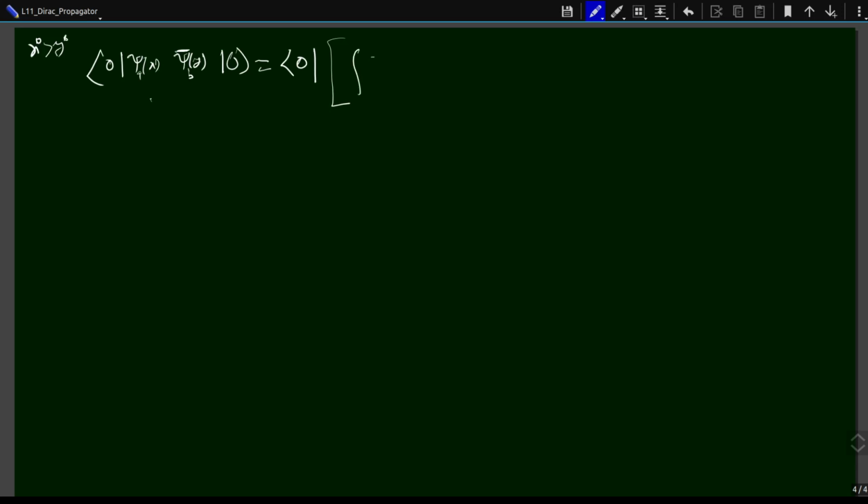So this is going to be repeated too many times. d3p by (2 pi) cubed, 1 by square root of twice E p, sum over alpha, and a p alpha u alpha of p exponential minus i p dot x, this is a 4-product, plus b p alpha dagger v alpha of p exponential i p dot x.